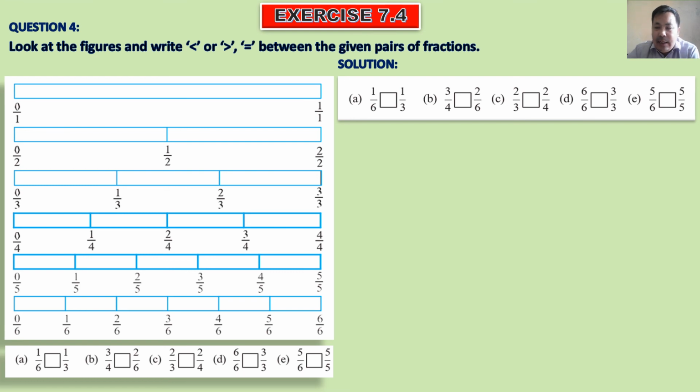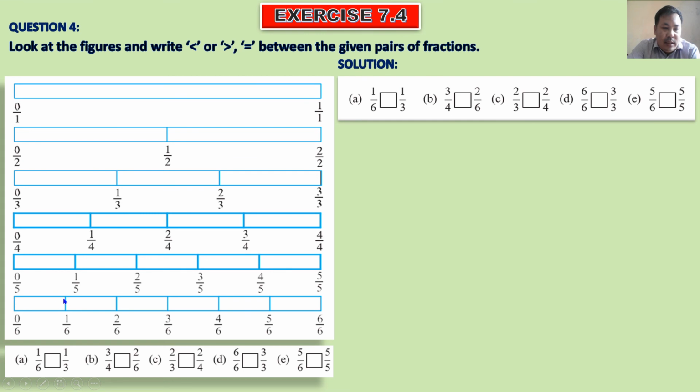Let us see the diagram of the question, the picture in the question. In the diagram, please try to locate where 1 by 6 is. Here is 1 by 6. You can see that this portion is 1 by 6.